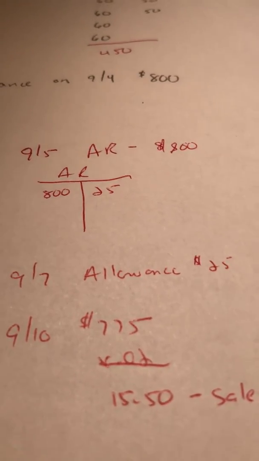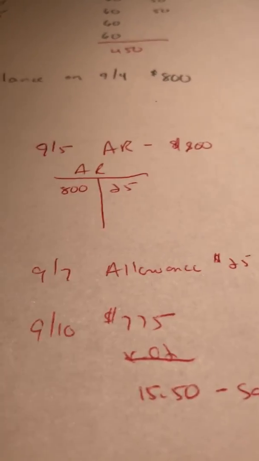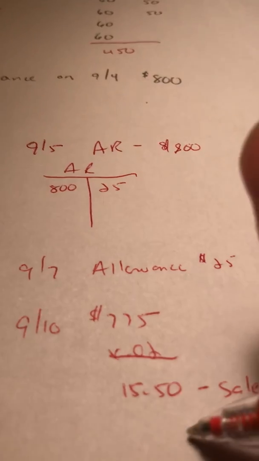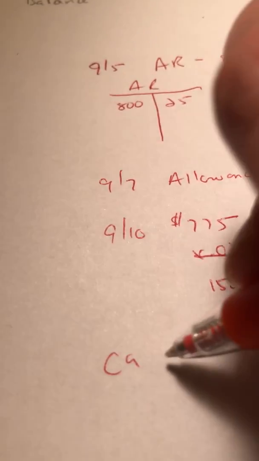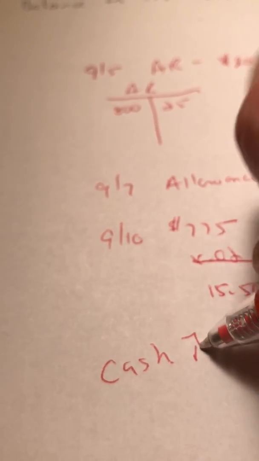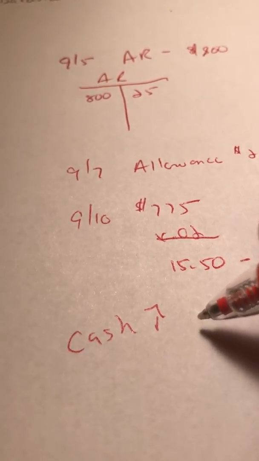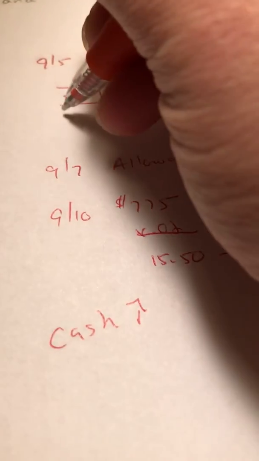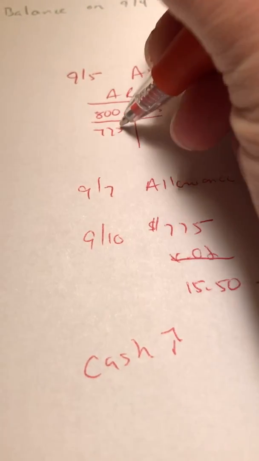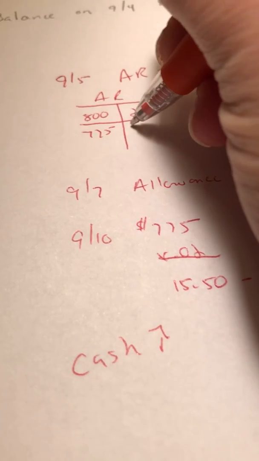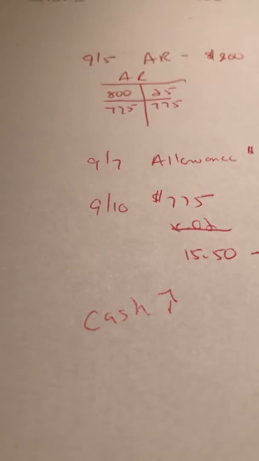Okay? However, they're going to pay us off. So when they're paying us, we know we're going to get cash. So cash is going to go up. Okay? So we know that's a debit. We also know from up here, this balance is $775. They're paying it off. So we have to credit $775.